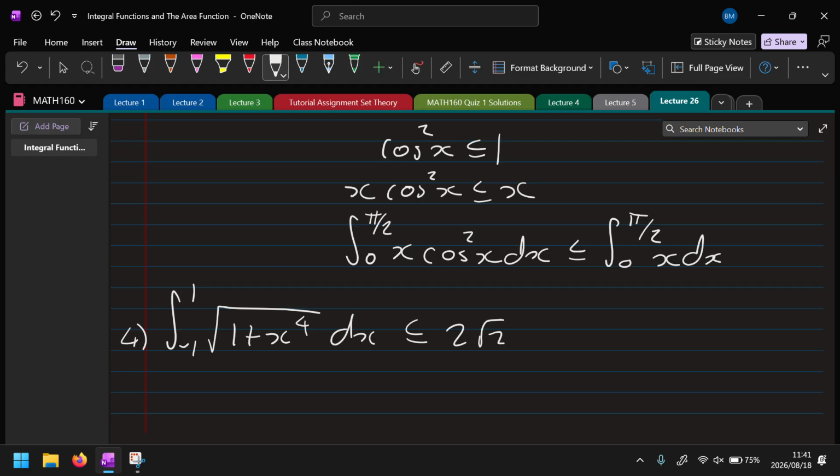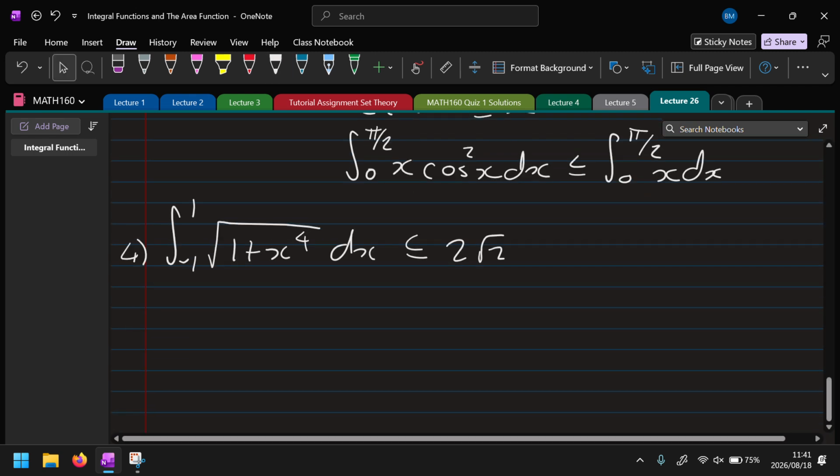Now here, if this was that double inequality with the smaller one less than the integral less than the larger one, we could use that property 10. Right? We can do that. So you can try that out. But since this is just a one-sided inequality, something less than or equal to something else, we can try something else. Okay, so let's start off with this left side and try to get to that right side.